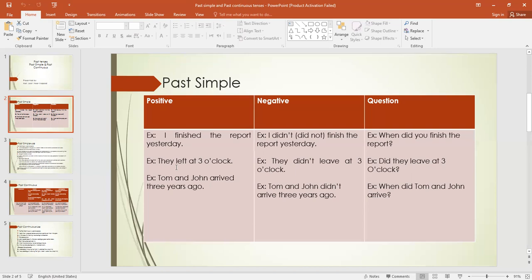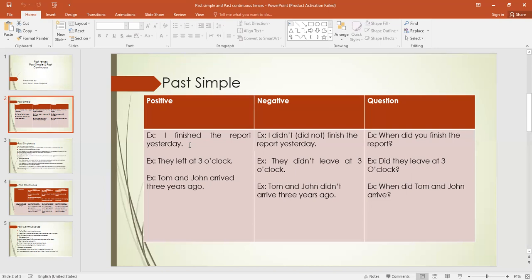Here we can't add ed to the verb, but we have to change the form of the verb to another form just to make it refer to the past simple tense. Most verbs can take ed, but others are irregular verbs.